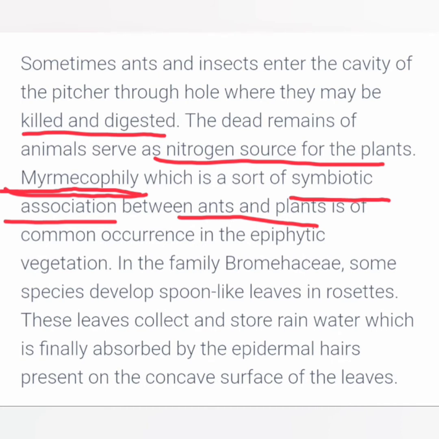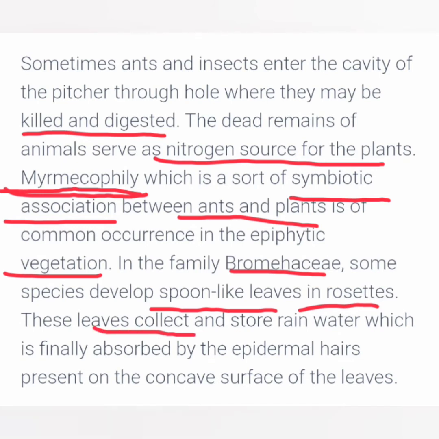So this type is of very common occurrence in the epiphytic plants, and in the family Bromeliaceae, some species develop spoon-like leaves in rosettes. Why do these leaves look like spoons?